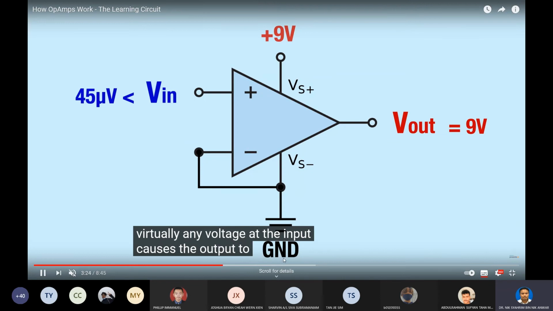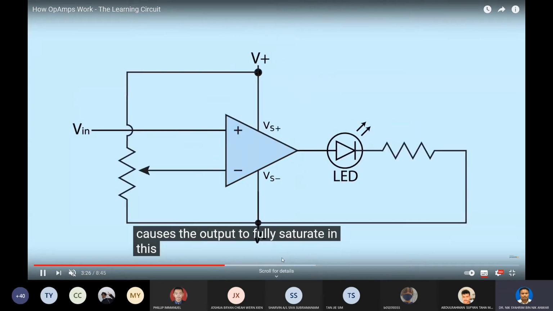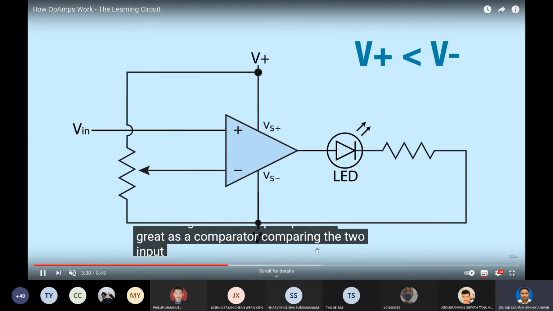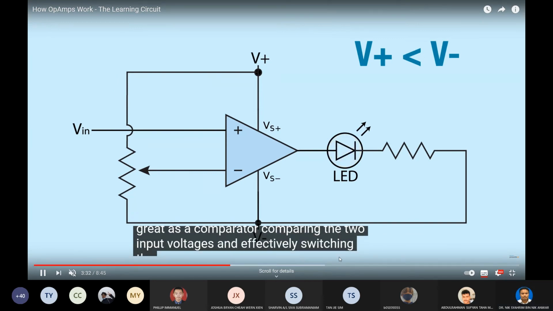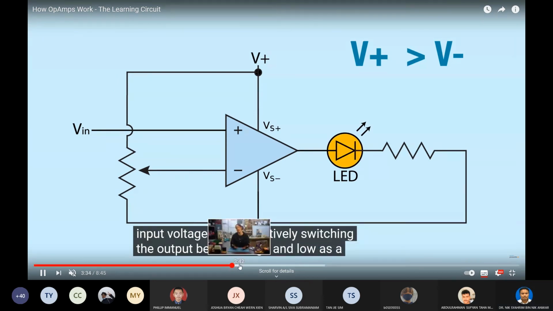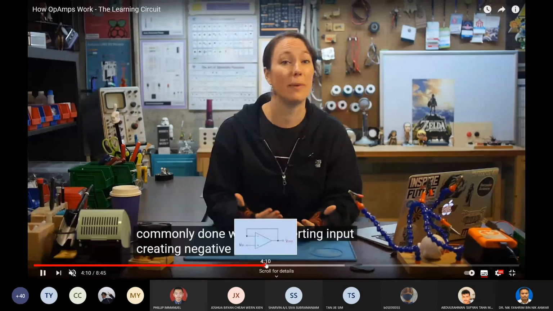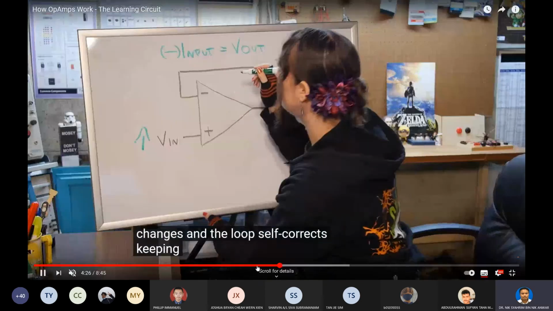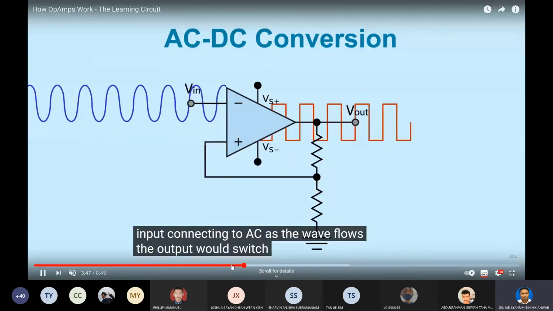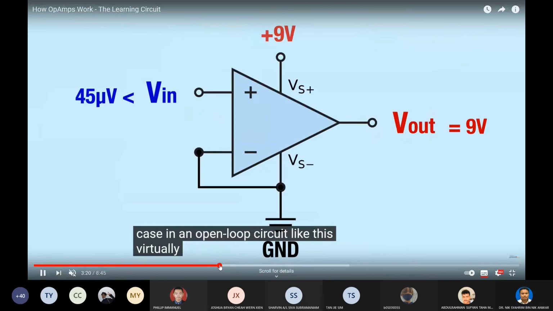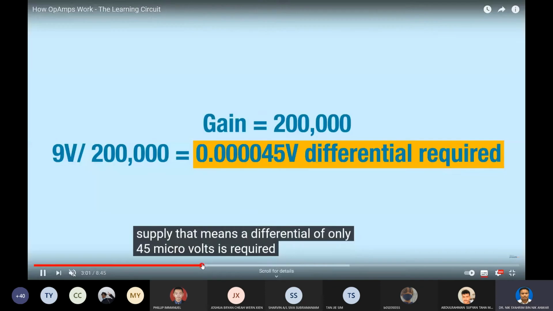So this is already explaining different types of circuit.